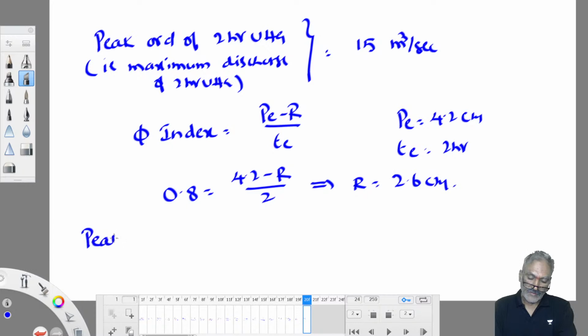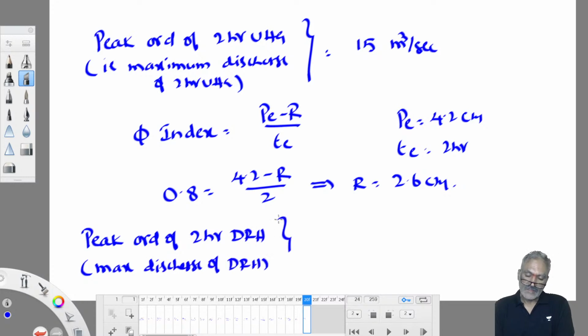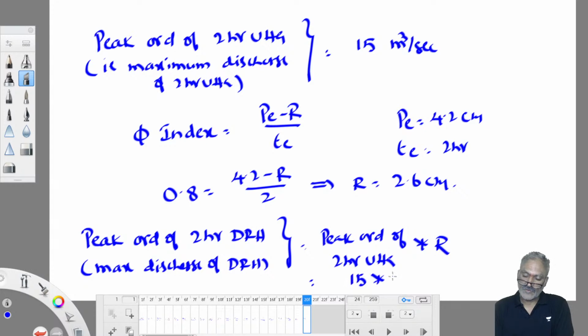Therefore, you can find out P coordinate of 2-hour direct runoff hydrograph, which is nothing but maximum discharge of resulting direct runoff hydrograph, which is equal to P coordinate of 2-hour unit hydrograph into R. So P coordinate of 2-hour unit hydrograph is how much? 15 into 2.6, how much is it?